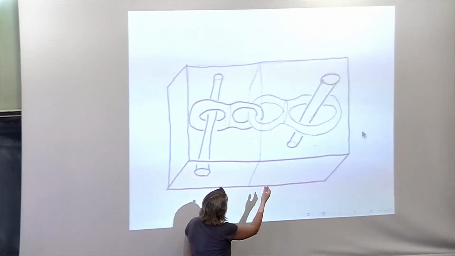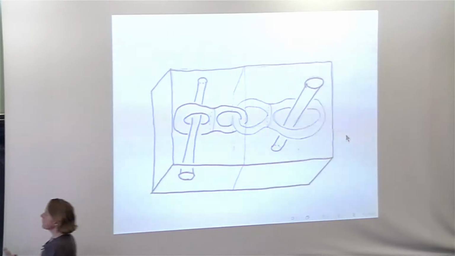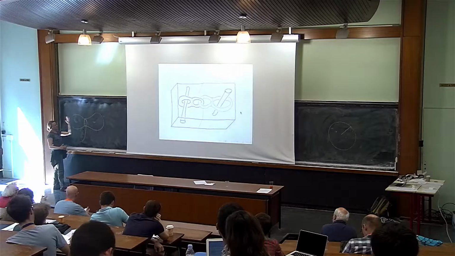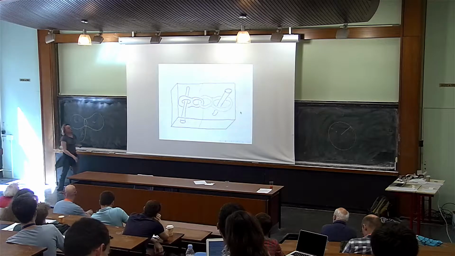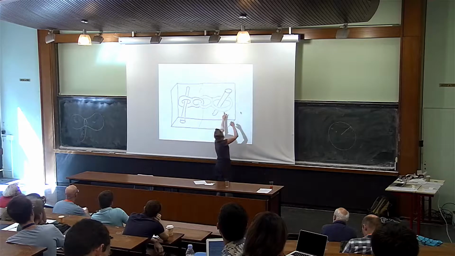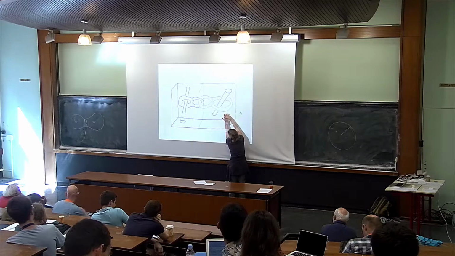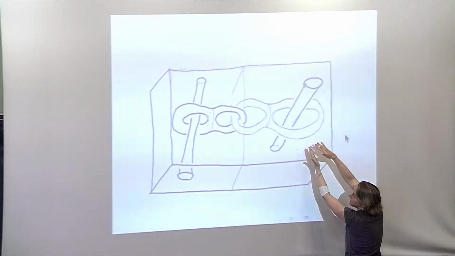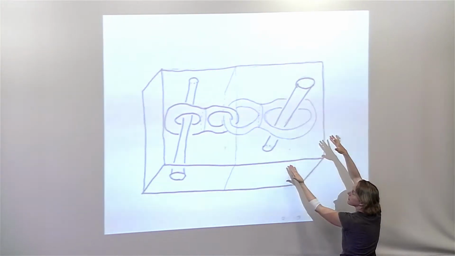And so when I thicken this up, I'm going to have these 3 thickened punctured tori right here. One of those punctured tori is a punctured torus times I. It bounds a punctured torus times I with the outside of the box here.